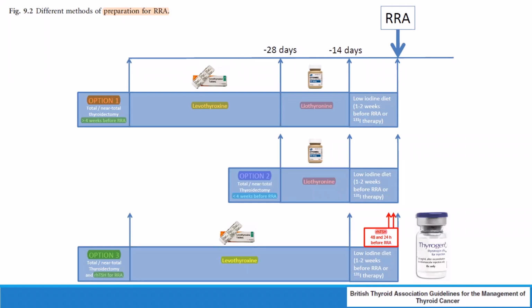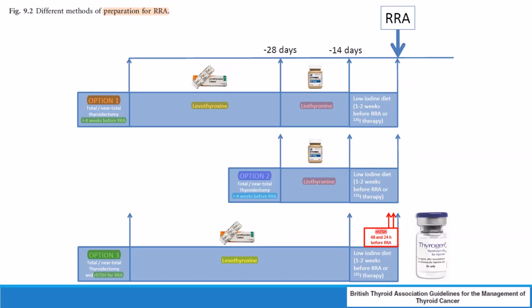Another option is giving liothyronine alone, if the patient has already had a total thyroidectomy less than 4 weeks before radioactive remnant ablation. In this situation, I will stop liothyronine 2 weeks before remnant ablation. Another is giving levothyroxine continuously until remnant ablation. Actually, we will not stop levothyroxine in this situation, and to bring TSH to more than 30, we will give Thyrogen, which is a very expensive drug.